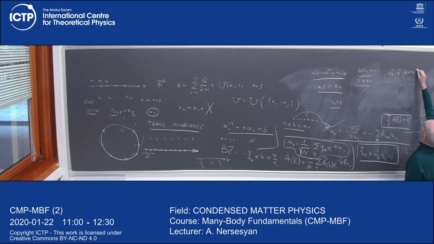Again, I will have twice the sum over L strictly positive, A_L, times the cosine of k L A0. And now I will expand this cosine: one minus 1/2 (k L A0) squared plus higher order terms.